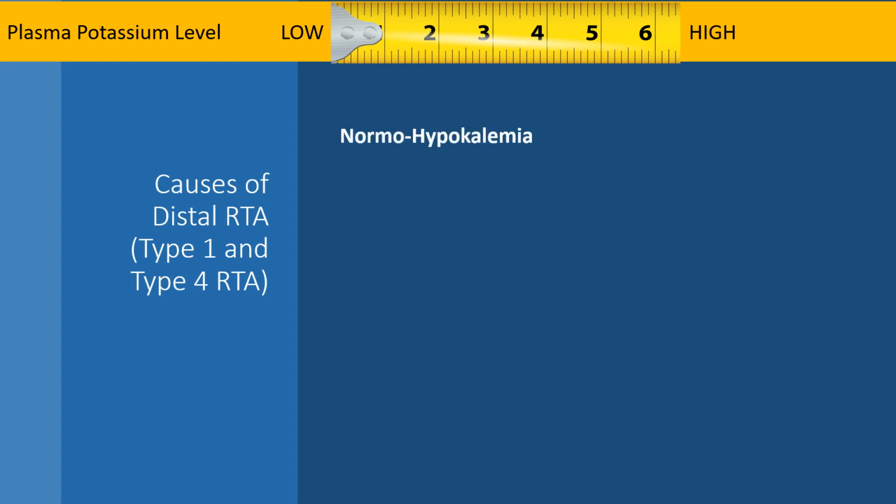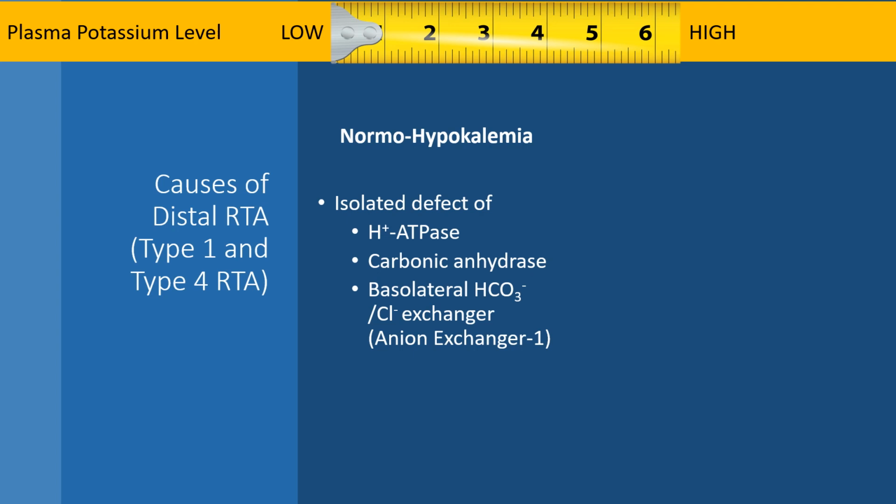Distal RTA associated with normal or hypokalemia involves any defect within alpha intercalated cells that can lead to reduced hydrogen secretion. These include isolated defect of hydrogen ATPase, carbonic anhydrase, or basolateral bicarbonate chloride exchanger.